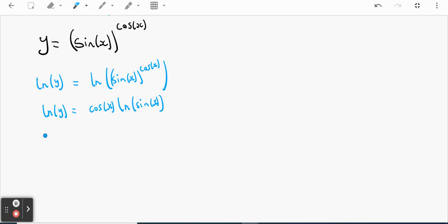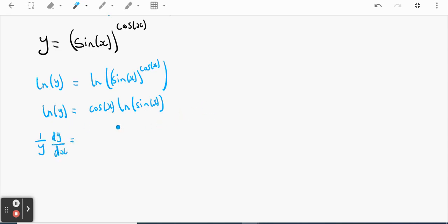And then we apply differentiation again. So differentiate both sides with respect to x. The left side is an implicit differentiation, so an implicit derivative. We get 1 over y because ln of something differentiates to 1 over that thing, multiplied by the derivative of the inside function, or the derivative of y, which is dy/dx.